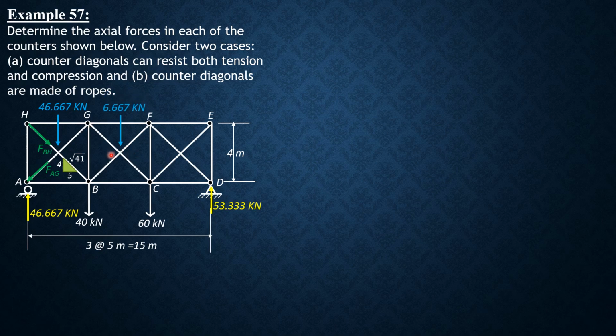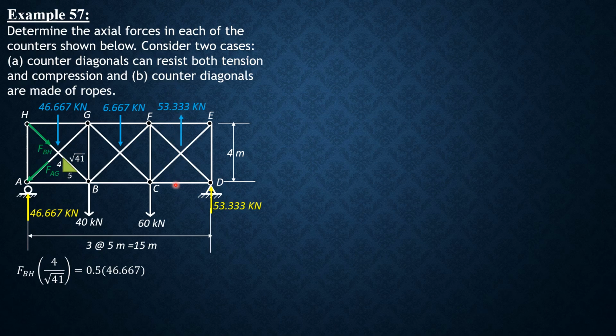So the force in CG is tension, and the panel shear in CD is 46.67 minus 40 minus 60, so it should be upward plus 53.33, or 46.67 plus 53.33 minus 40 minus 60 is 0.